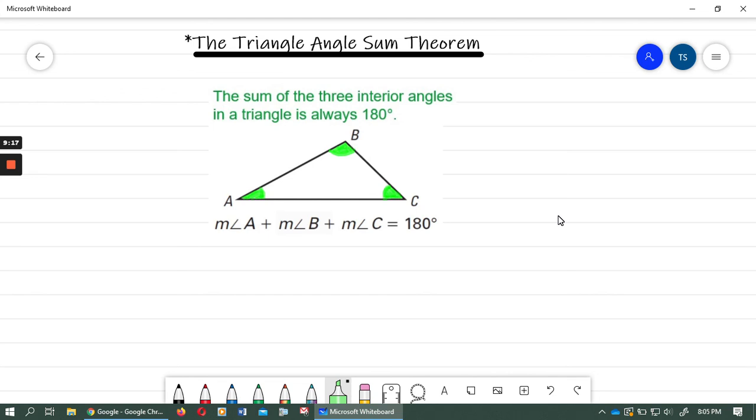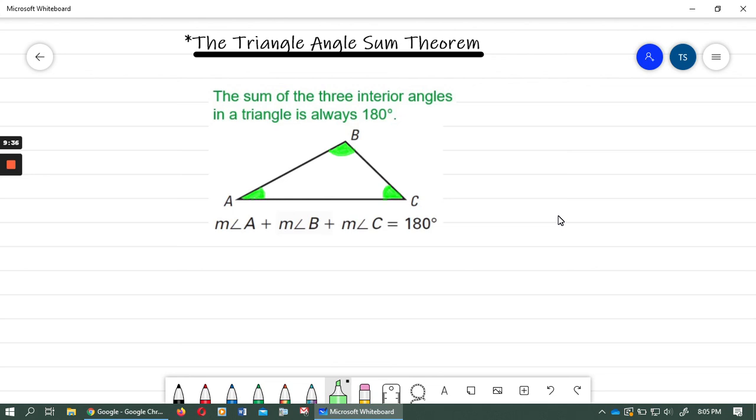All right, so here we go, guys. Here's the triangle angle sum theorem. It says that the sum of the three interior angles in a triangle is always 180 degrees.